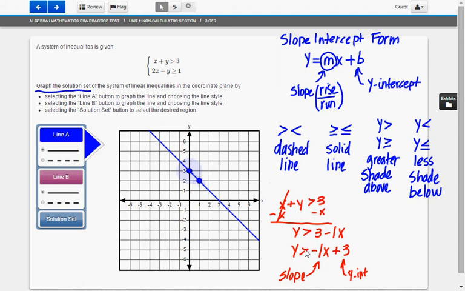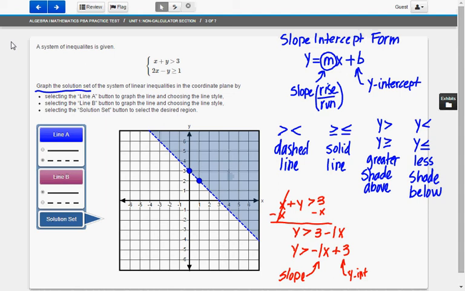Now, the symbol says y is greater than, a plain greater than symbol, so I don't want the line to be solid. I don't want the points on the line. I only want the points that are greater. To graph the solution set, I click the solution set icon over here, and y is greater than negative 1x plus 3 would be this side of the line. So I have my first linear inequality graphed.